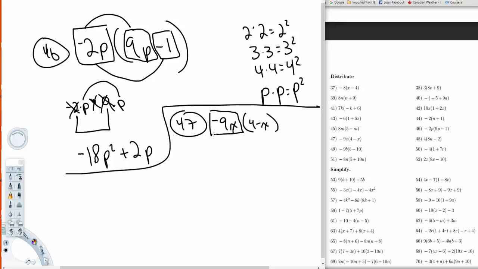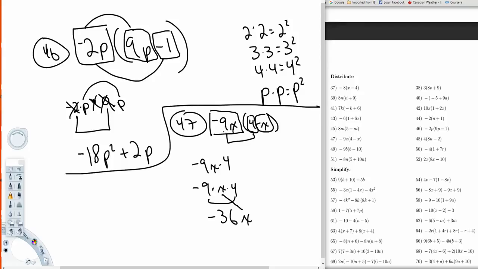This number times this number, and then times this number. So negative 9x times 4. Or if you want, negative 9 times x times 4. Let's combine these to get minus 36. Bring the x right here.